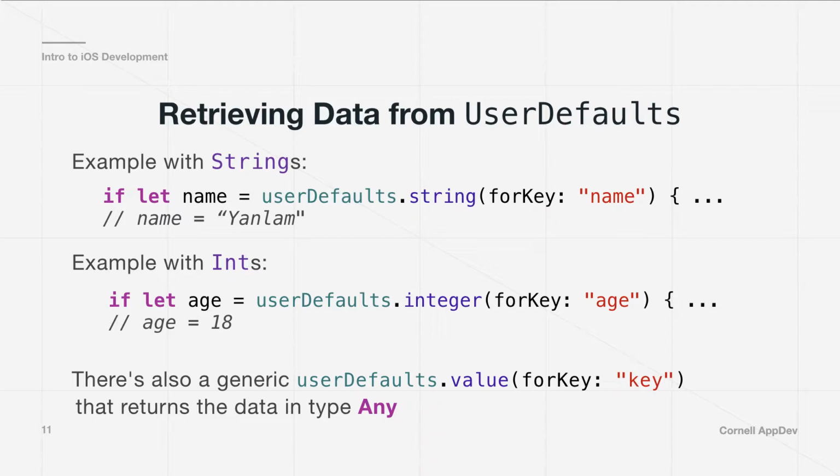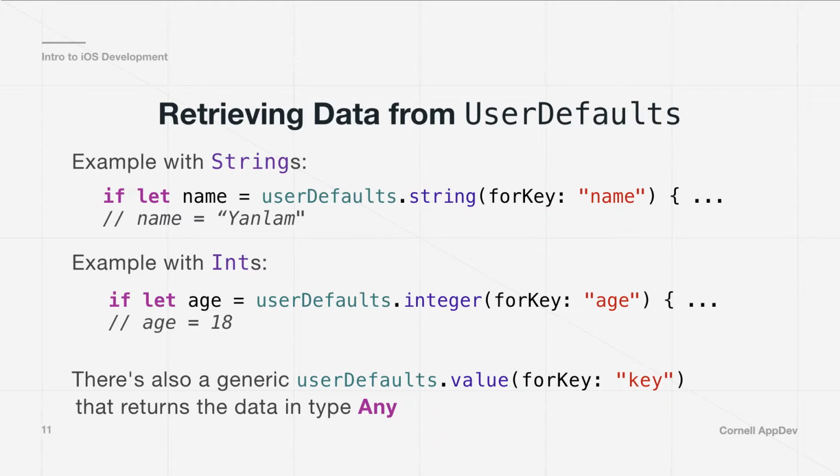Because we set the key name to be associated with the value Yan Lum from the previous slide, we will get Yan Lum as name. Similarly with ints, if we let age equal userDefaults.integer forKey age, we will get 18. Here we have .string and .integer, which refer to the primitive types that we know the value will be.